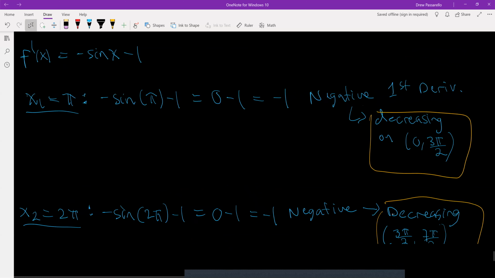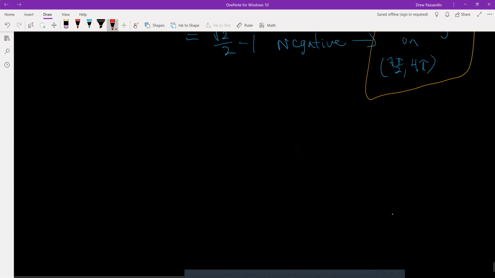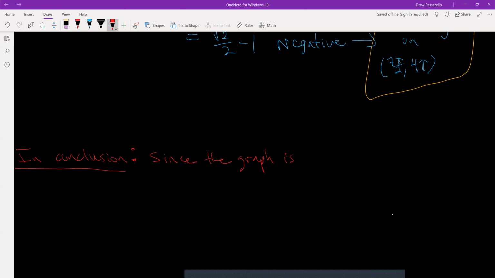So in conclusion, since the graph is always decreasing, then there's no switch from increasing to decreasing or vice versa.